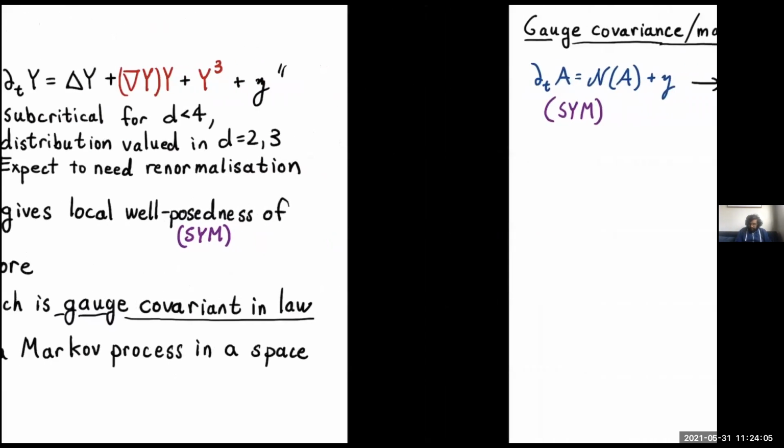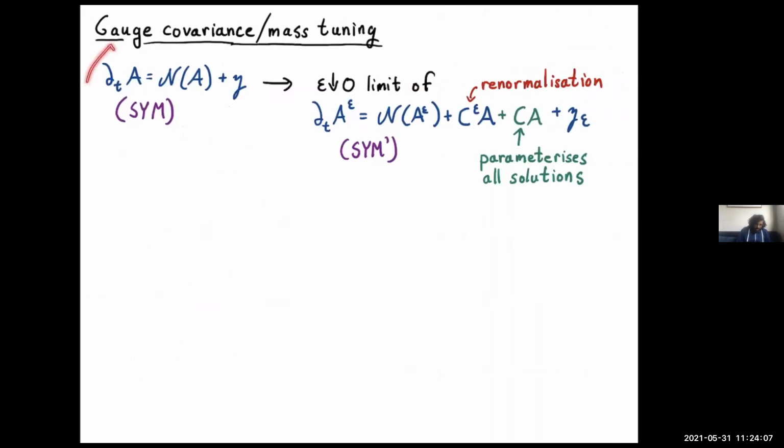Great. So here I wrote the same equation in a more compact form where I put all the terms that are not appearing in here. When someone writes down an equation and says, I'm going to solve it using regularity structures, there's some sort of degeneracy there.